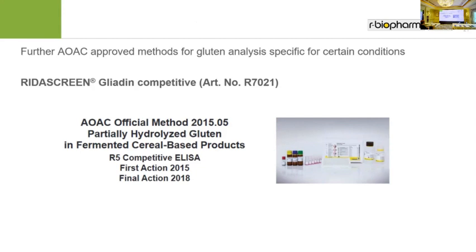So we have also a competitive ELISA for the detection of hydrolyzed gluten proteins in fermented food, for example in beer or starch. And this was also approved by the AOSC, and we got here also the approval as an official method for gluten detection in hydrolyzed fermented food.